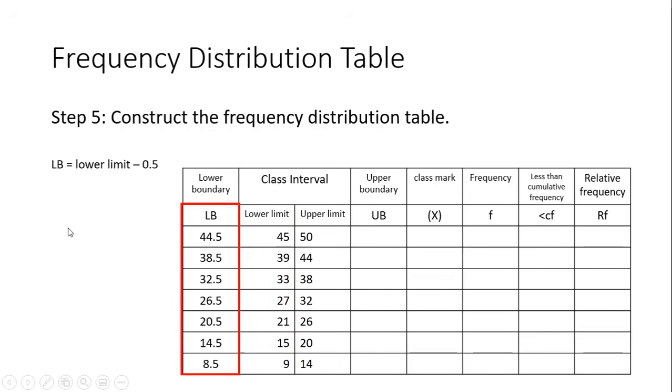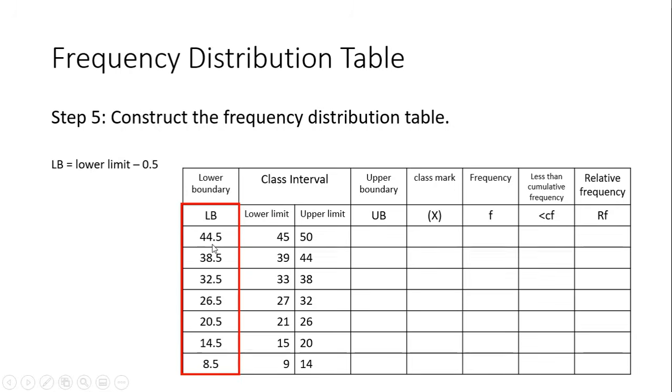So we have stated that the intervals for your lower limit, upper limit, and even for your boundaries will be the class size. Okay, so in which you have here 8.5. If you will add your class size, which is 6, you'll be having 14.5. You add 6 again, you'll be having 20.5. And then plus 6, 26.5.